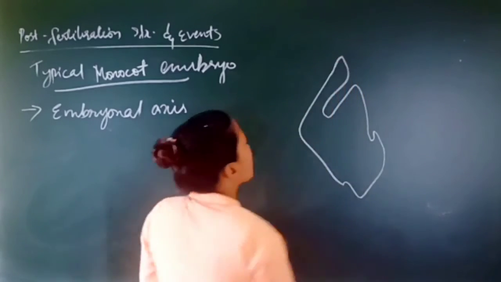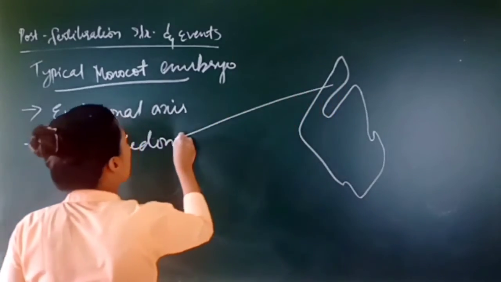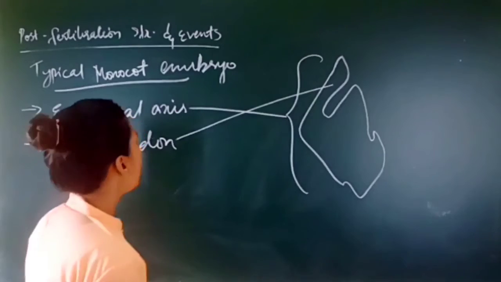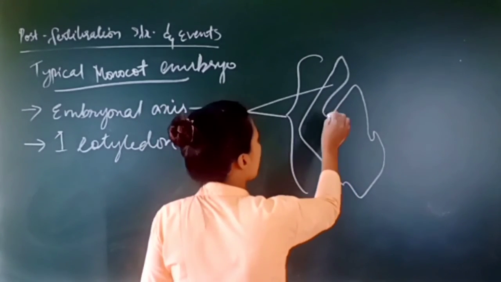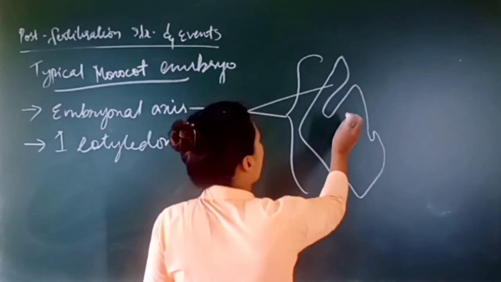Now it has only one cotyledon. So this is the cotyledon, and the embryo axis is this one. This is the attachment of the cotyledon with the embryo axis.